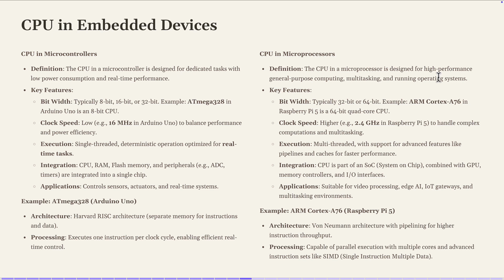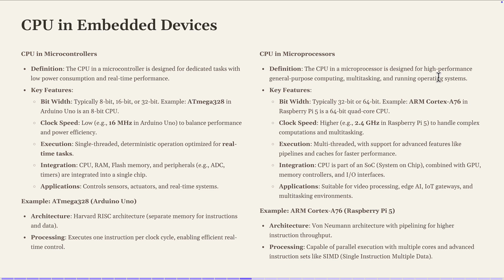However, in Raspberry Pi, the lowest is 32 bits and the highest is 64 bits, which is typical for the A76 CPU that we find in Raspberry Pi 5.